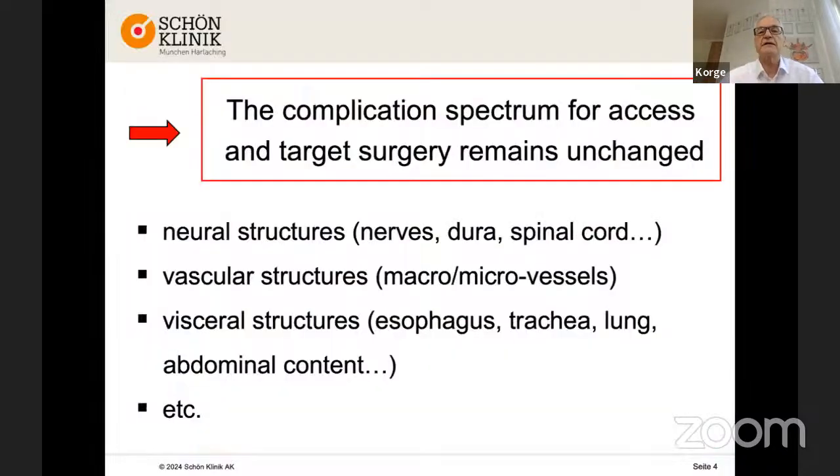But that means vice versa that the complication spectrum for this type of surgery remains completely unchanged, meaning neural structures and vascular structures, if you do the anterior MIS procedures or the transthoracic or anterior neck surgery, all this remains unchanged.